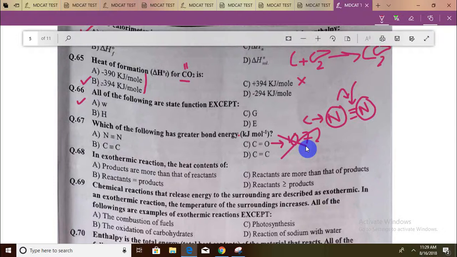You can find these values in the chemical bonding topic. I would suggest you don't try to remember all of them. That is something that's likely to backfire on you pretty badly.